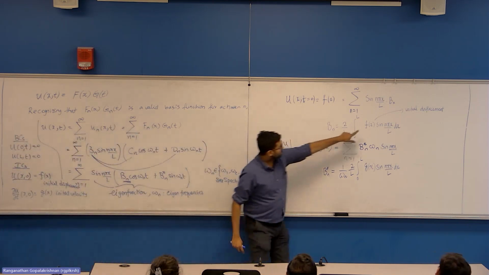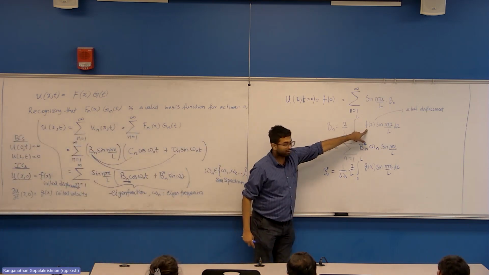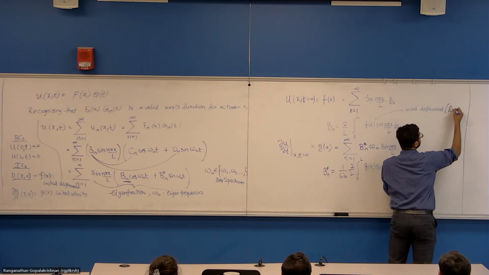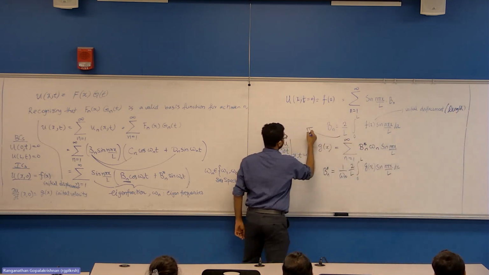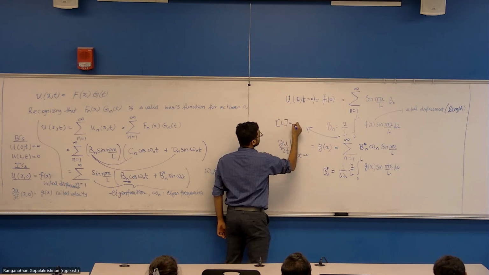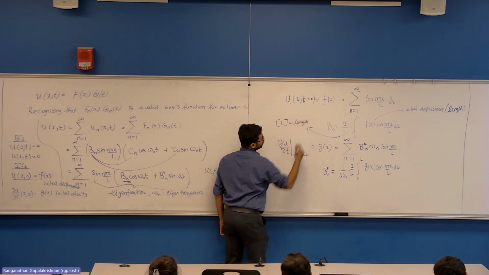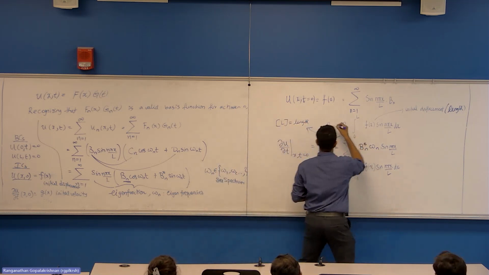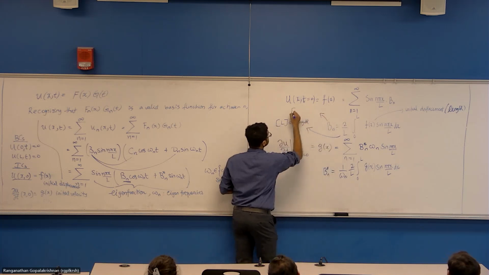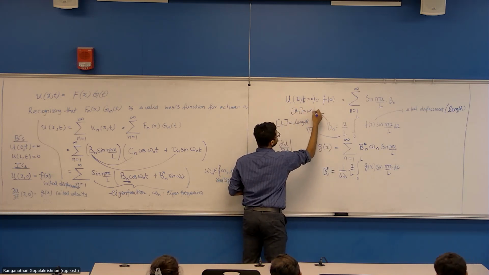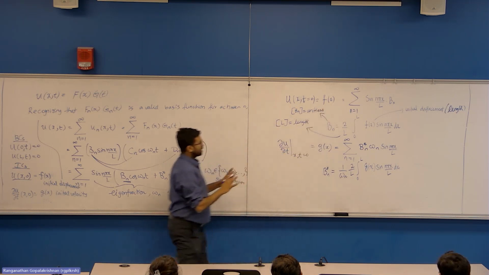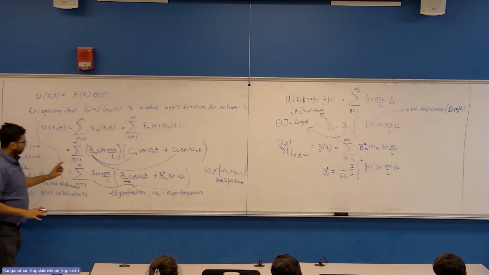That is, f of x is a displacement, so it should have units of length. And L also has units of length, which will make Bn unitless. Okay, that checks out.